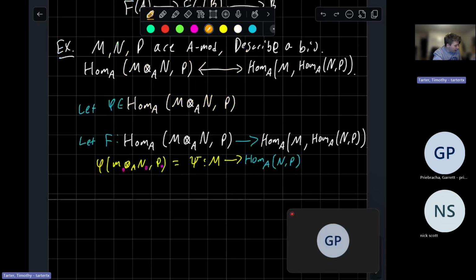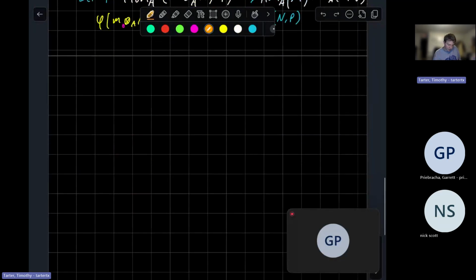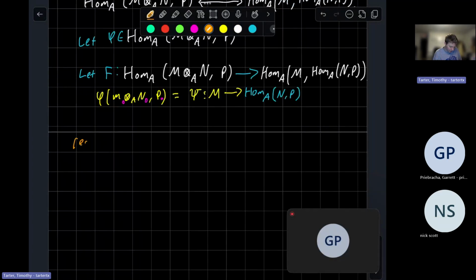Given M cross N, there is an A bilinear map from the product to the tensor product, unique up to unique isomorphism, such that any A bilinear map from the product to T prime factors uniquely through T. Okay, so I'm going to put this all out.